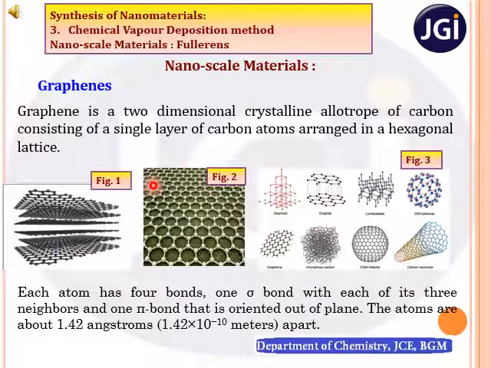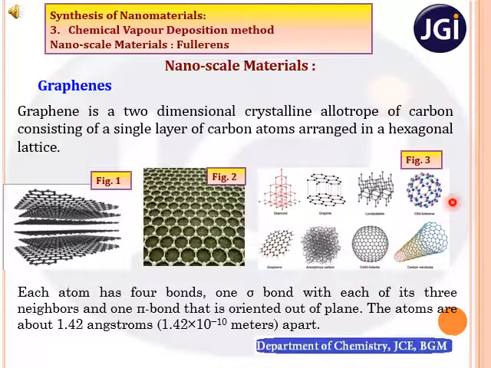Graphene is nothing but a two-dimensional sheet of carbon atoms. Generally, graphene is the basic structural element of all other allotropes including graphite, charcoal, carbon nanotubes and fullerenes.